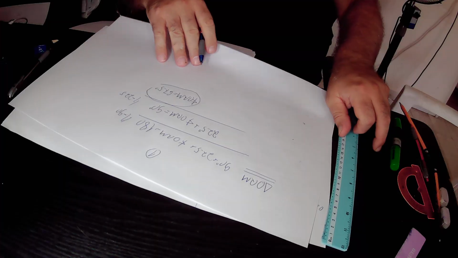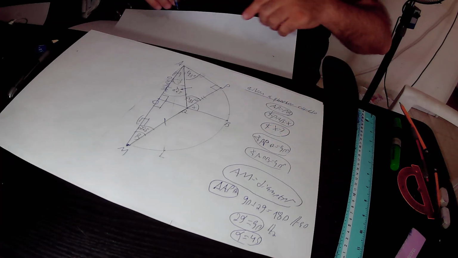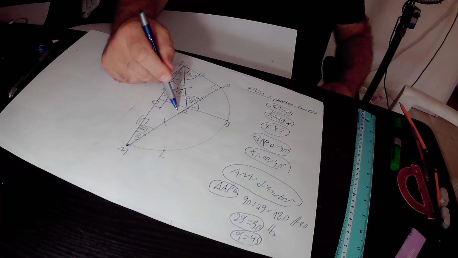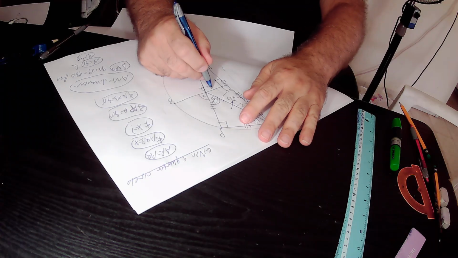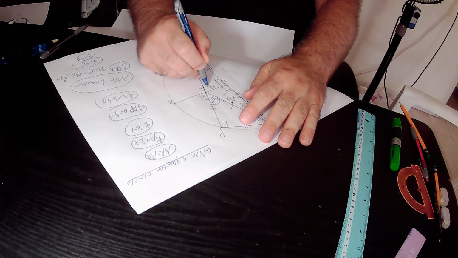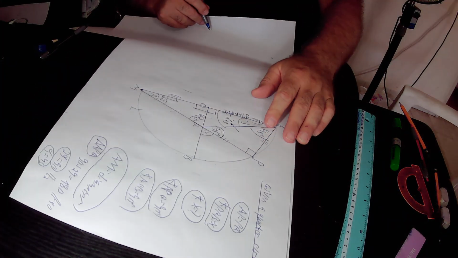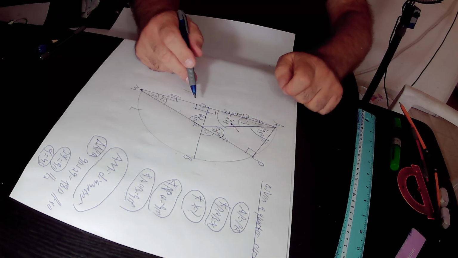Okay, this is the missing angle OQM that equals 67.5 degrees in its size. Those two angles are defined as vertex angles, and we know that vertex angles are equal to each other.